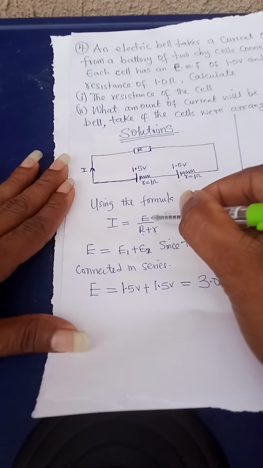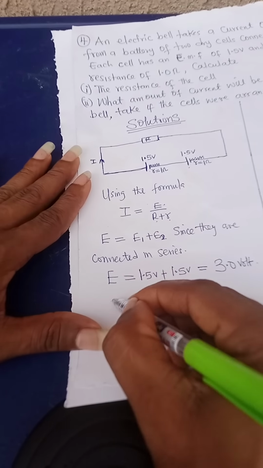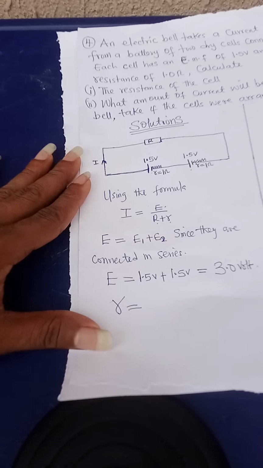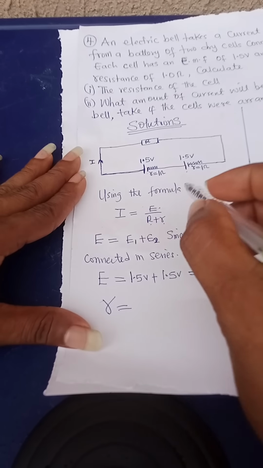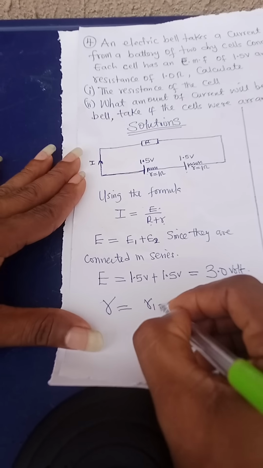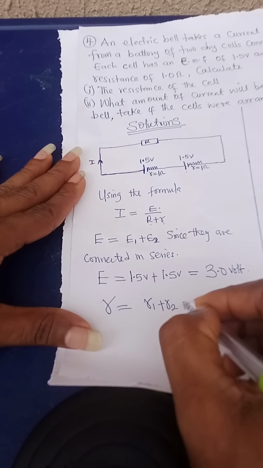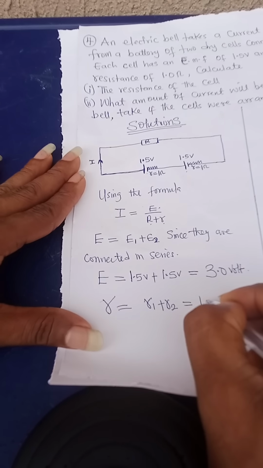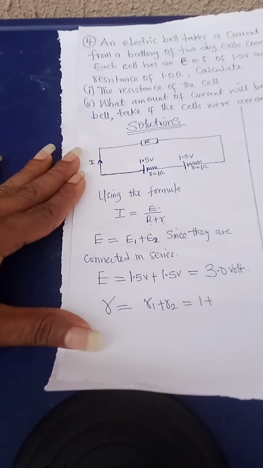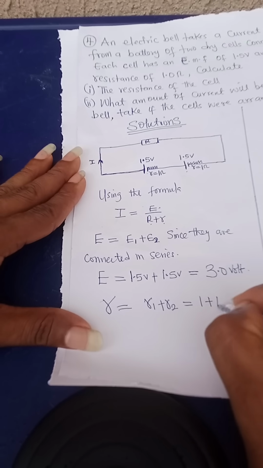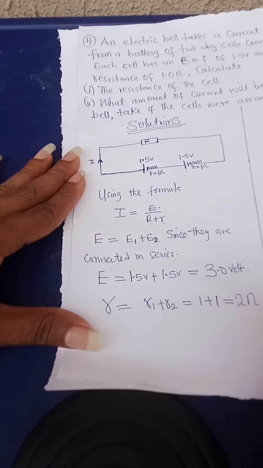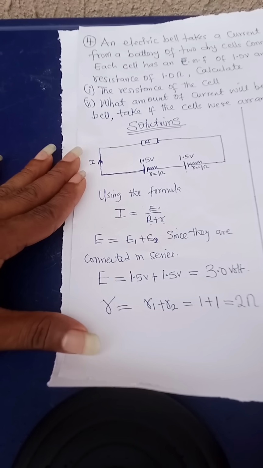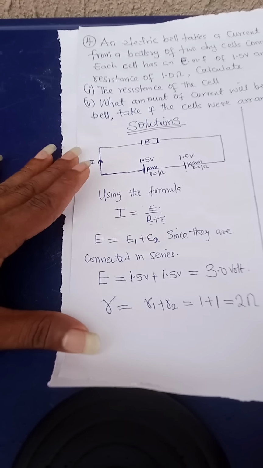And now for me to get my r, which is the internal resistance, remember that the two cells are connected in series. So this is r1 plus r2, which is now equal to 1 ohm plus 1 ohm. This will give us 2 ohm.